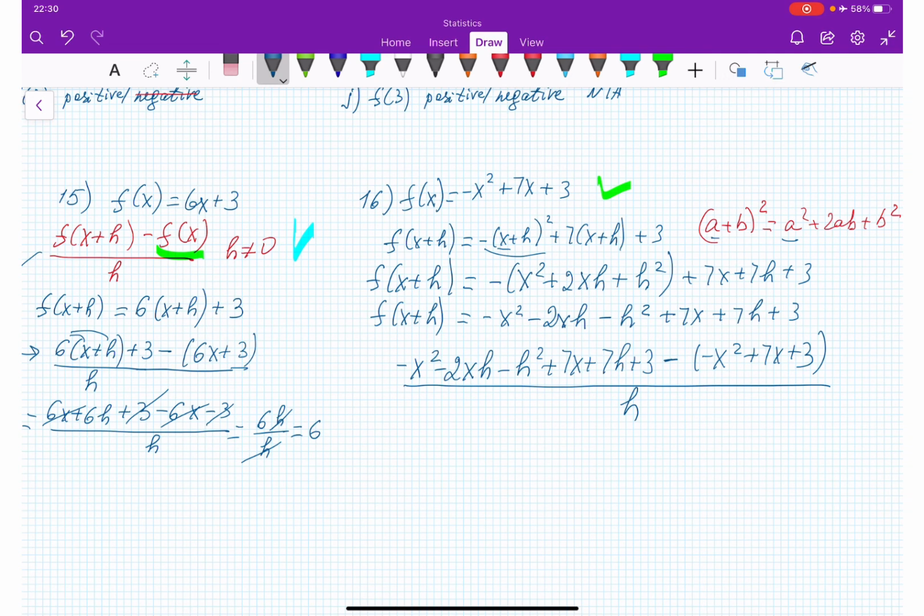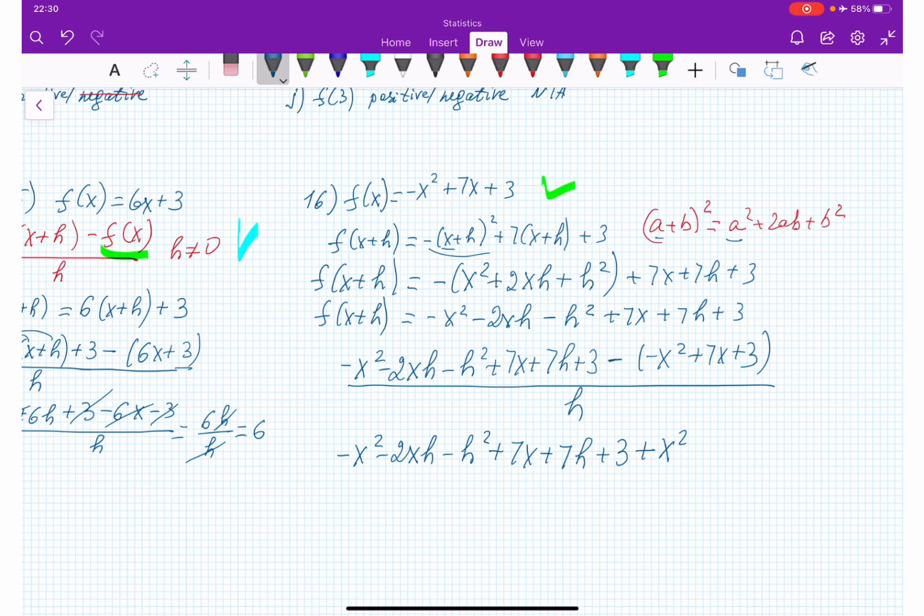Let's do it. Negative x squared minus 2xh minus h squared plus 7x plus 7h plus 3 plus x squared, because we have a negative sign in front of the parentheses. So the negative x squared will become positive, minus 7x minus 3. And all this we divide by h. Okay, I have negative x squared and positive x squared. It's gone. Next, I have plus 7x.